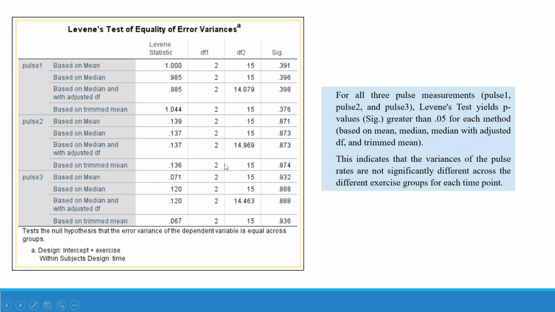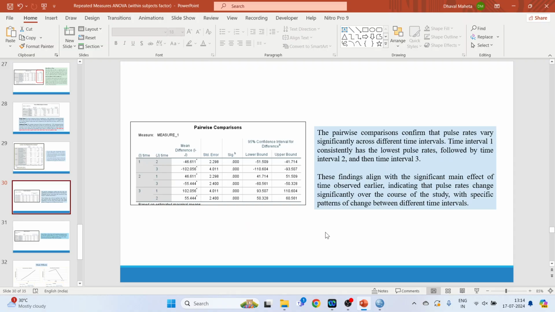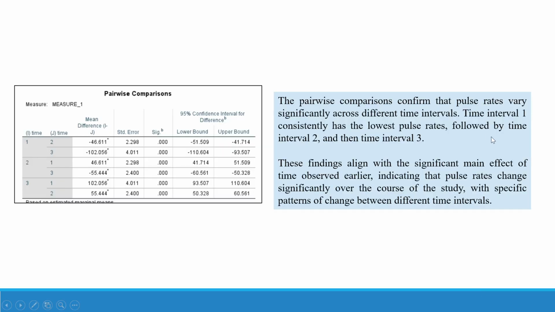Okay, just a minute. So this confirms here also. Time interval 1 consistently has the lowest pulse rates. Then time interval 2 will have a pulse rate higher than 1, and 3 will have a pulse rate higher than 2.